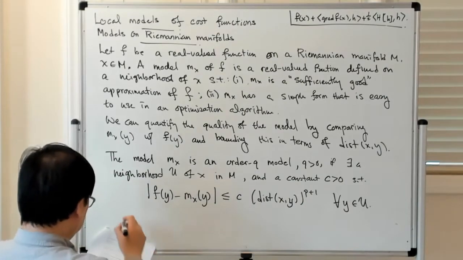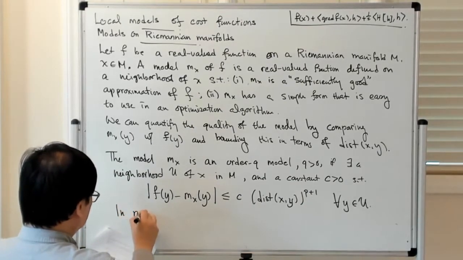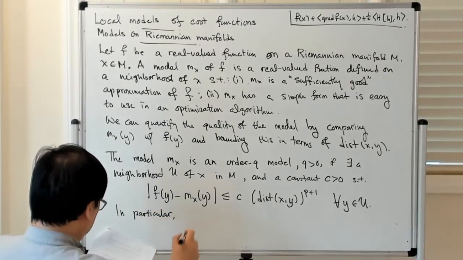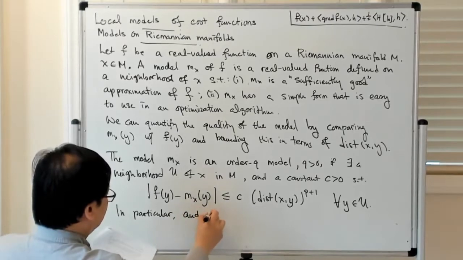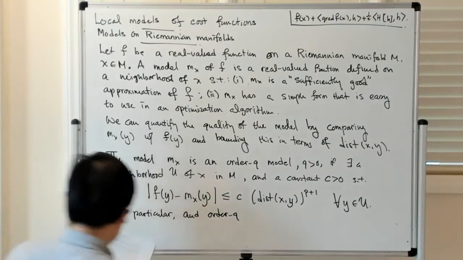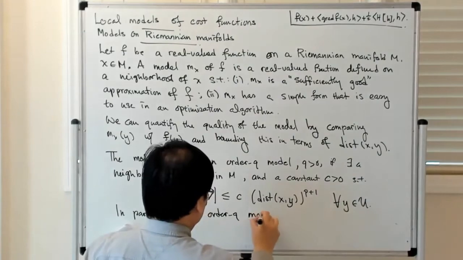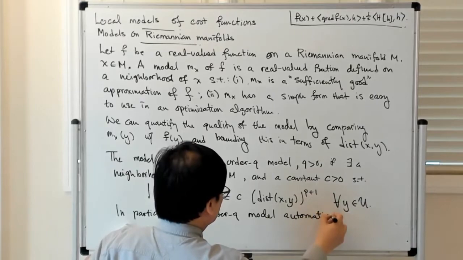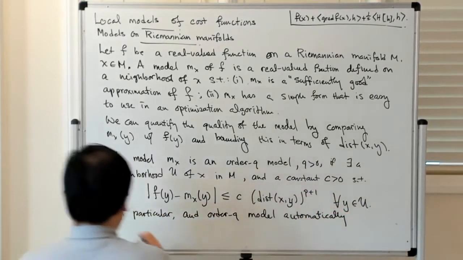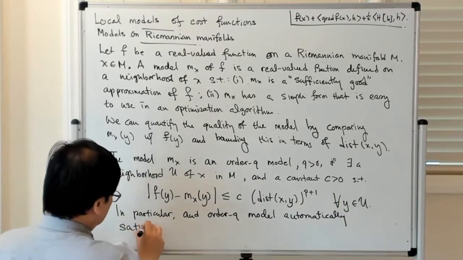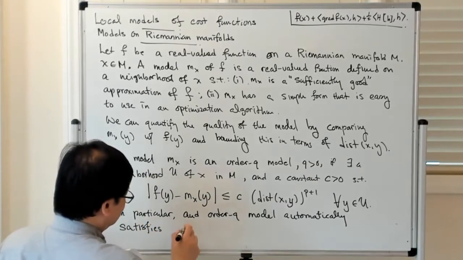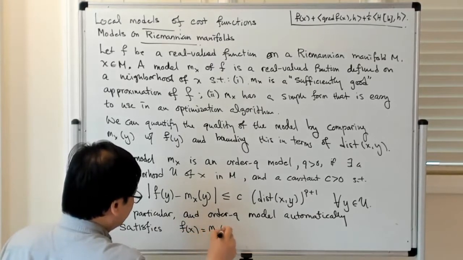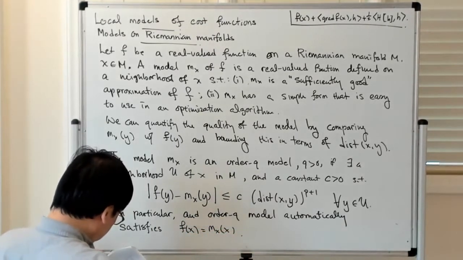So in particular, any order q model automatically satisfies the following property: f at x is equal to m_x at x.